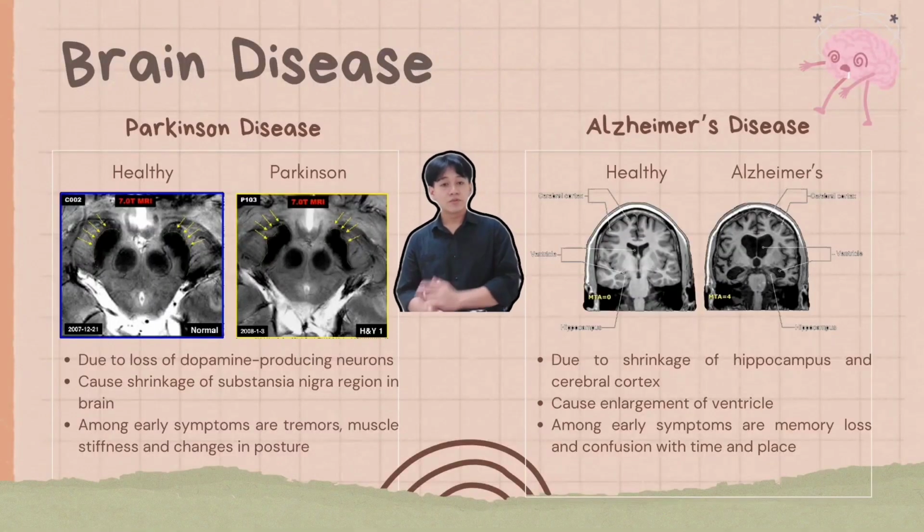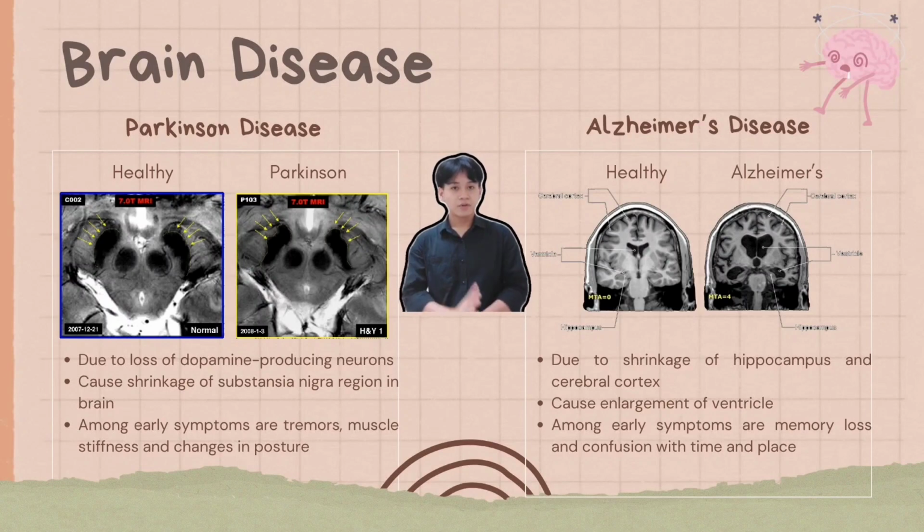Now, moving on to brain diseases, there are various diseases related to the brain, such as Parkinson's and Alzheimer's, and neuroradiologists are often involved in further interpreting these conditions using MRI or CT scans.